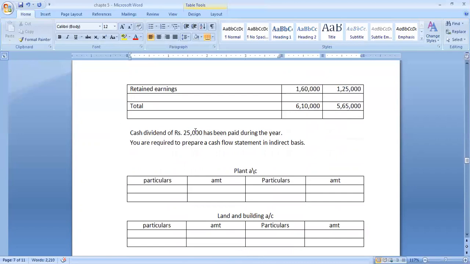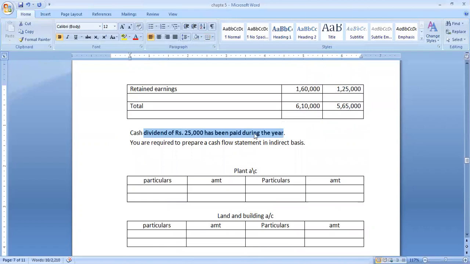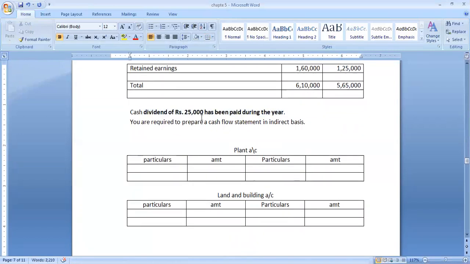Whenever there is a dividend paid, it is very important. A dividend of rupees 25,000 is paid during the year. It has to be treated twice. One will be taken in the operating activity. The other is also taken into consideration in the financing activity as a reduction value, because it is a payment which indicates the outflow of cash.